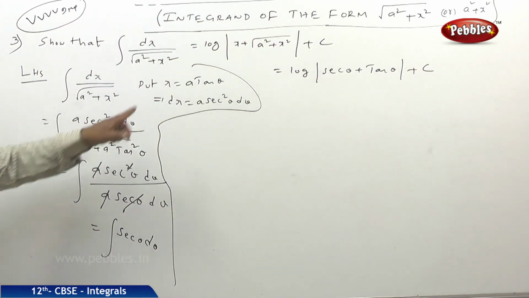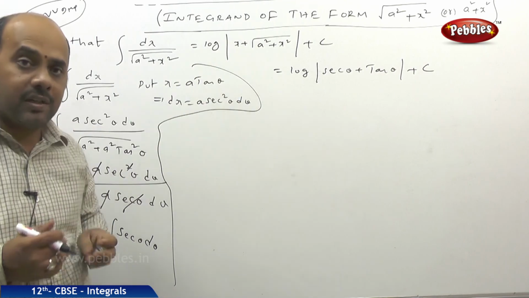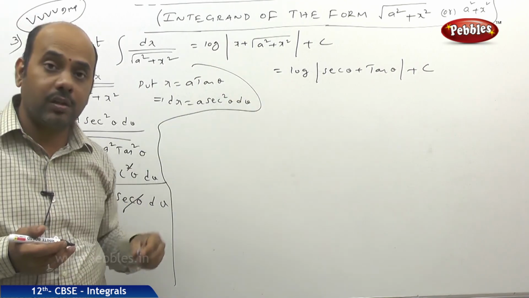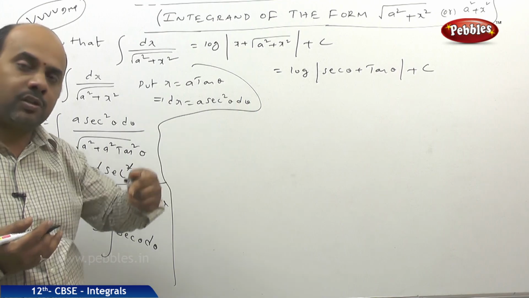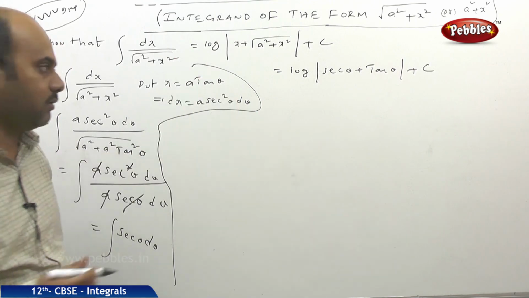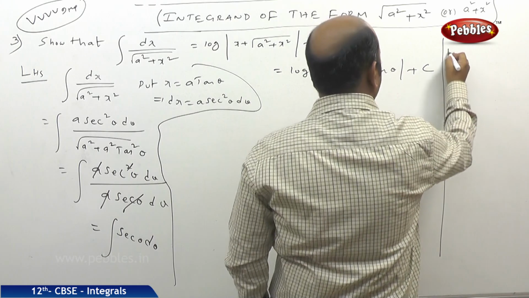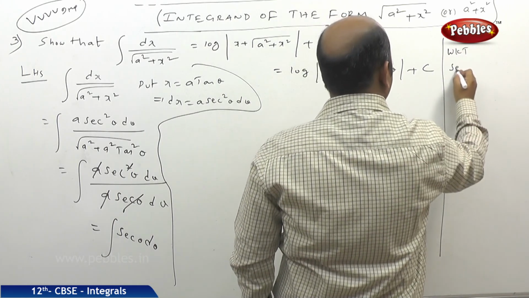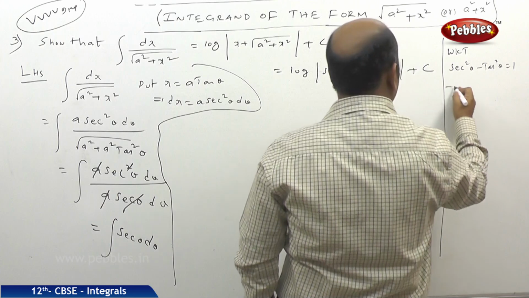But here x is equal to a tan theta given to us, and the answer should be in terms of an algebraic expression, but we got it in terms of a trigonometric expression. So we need to convert this trigonometric value into algebraic values. For this, we know that secant square theta minus tan square theta is equal to 1.